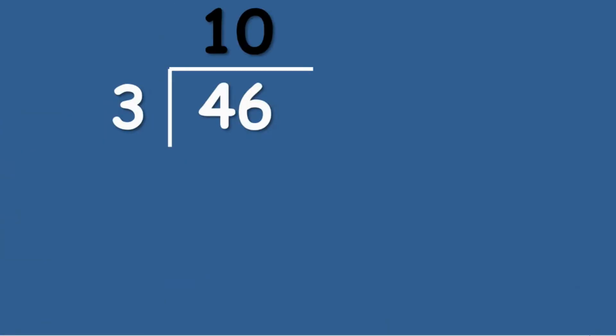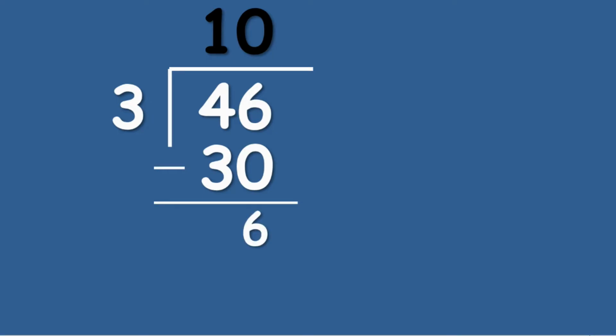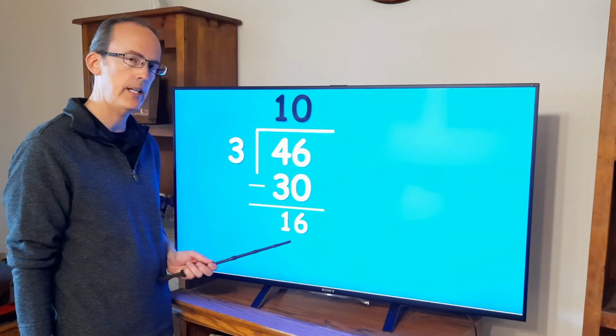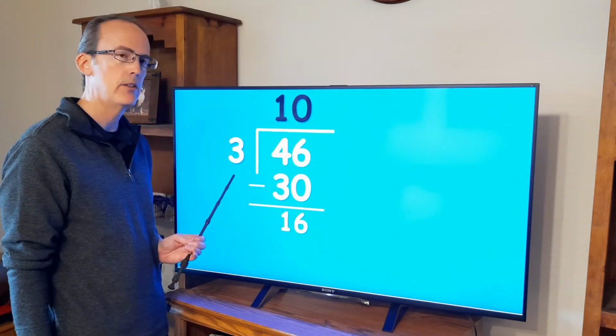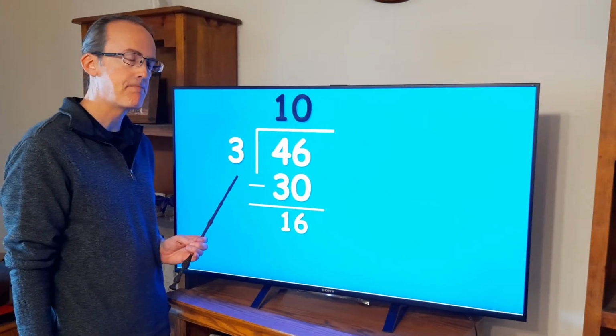So I can go 10 times 3 to give me 30. So I have part of it finished. Now I just have to subtract 46 minus 30. My 1s column, I get a 6, and my 10s column, I have 1 for 16. My remainder is larger than my divisor, so I have to keep going.